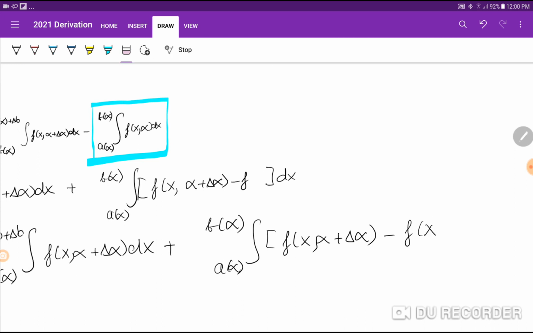Oh my god, I forgot something. This should be f(x, alpha). It's a function of two variables.